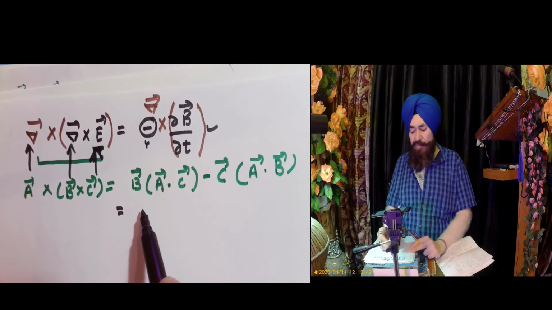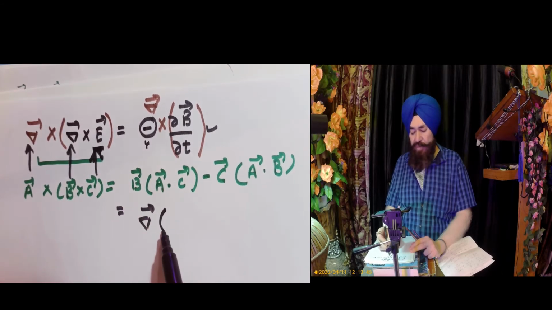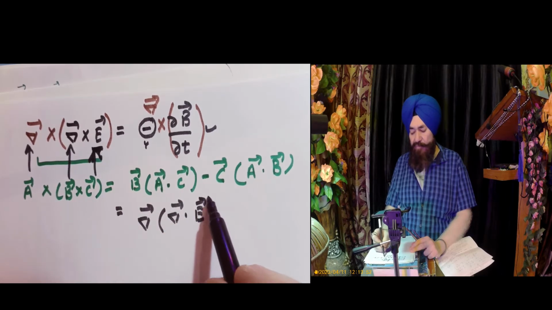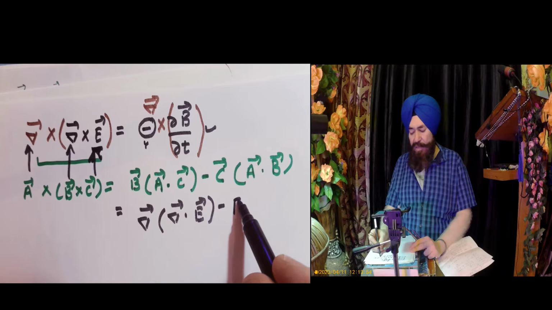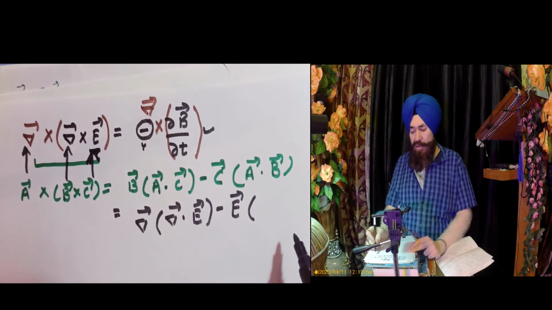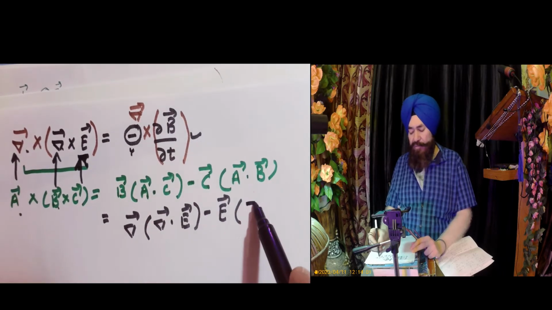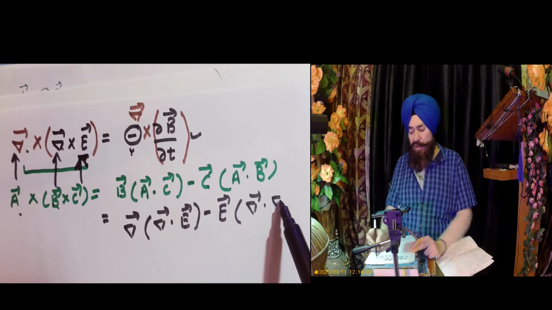So B vector means del vector, A vector means again del vector, C vector means E vector, minus again E vector, A vector dot B vector means del dot del, del vector dot del vector.